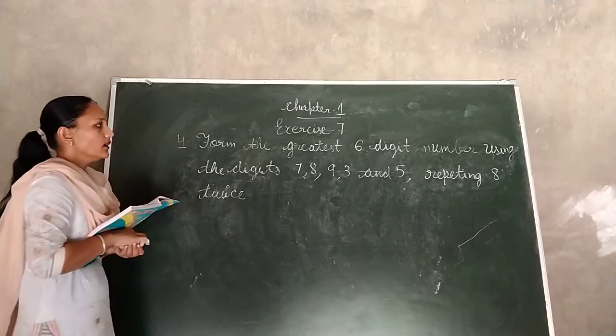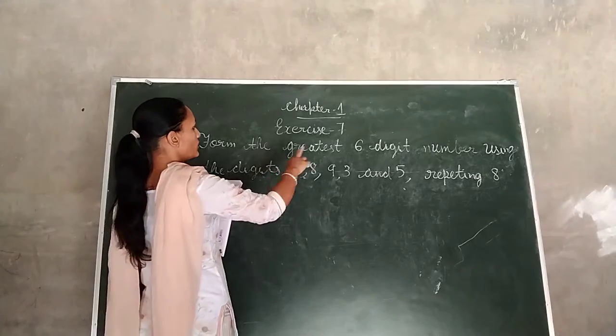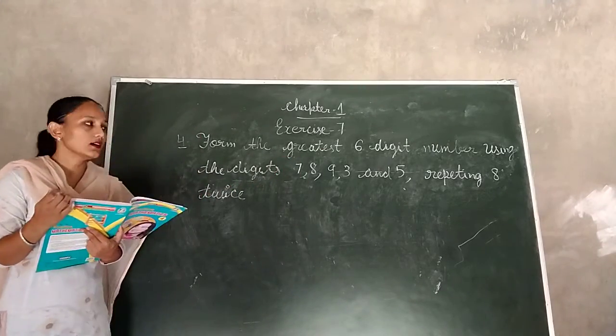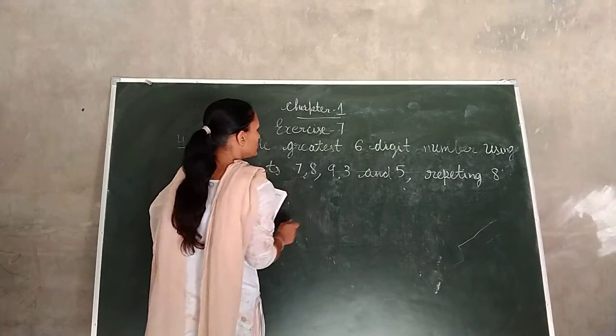Now what we have to do? We have to make the greatest 6-digit number by using these digits.